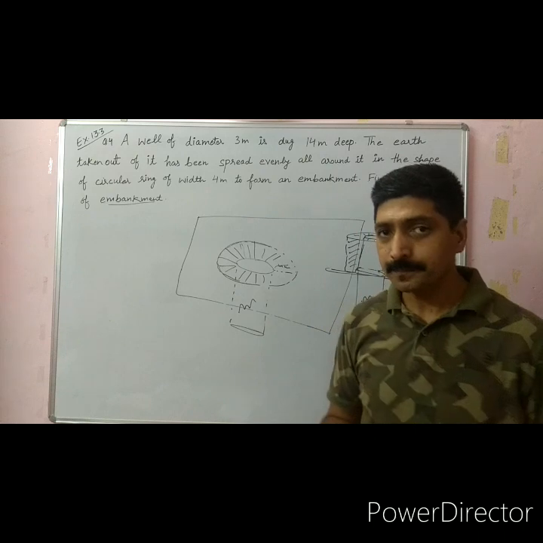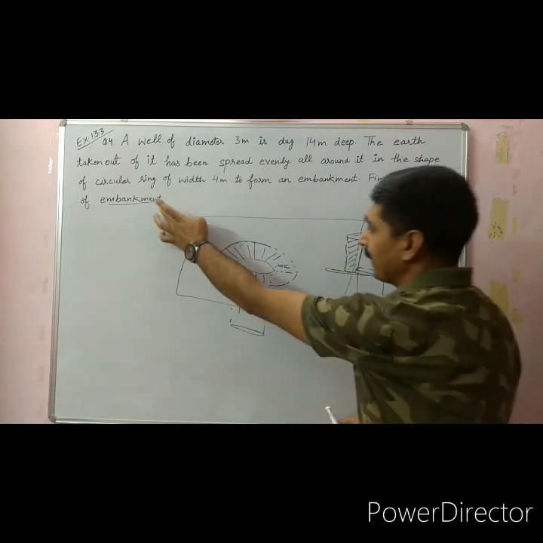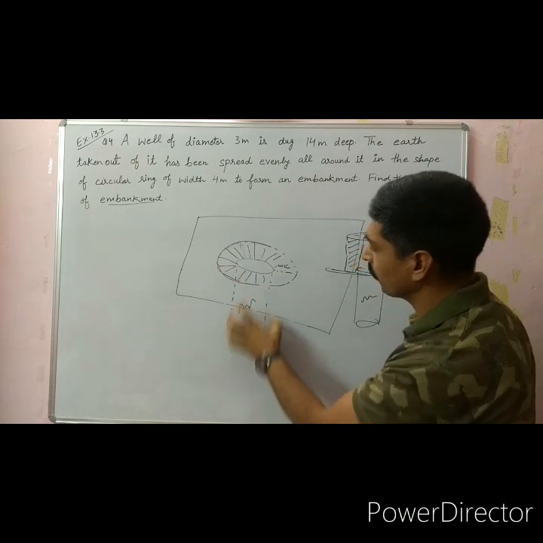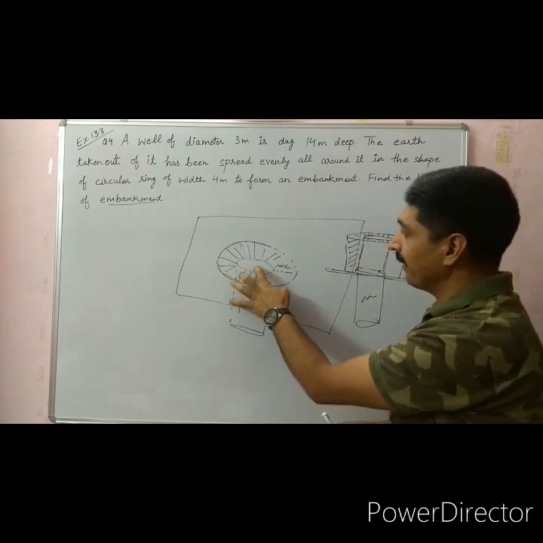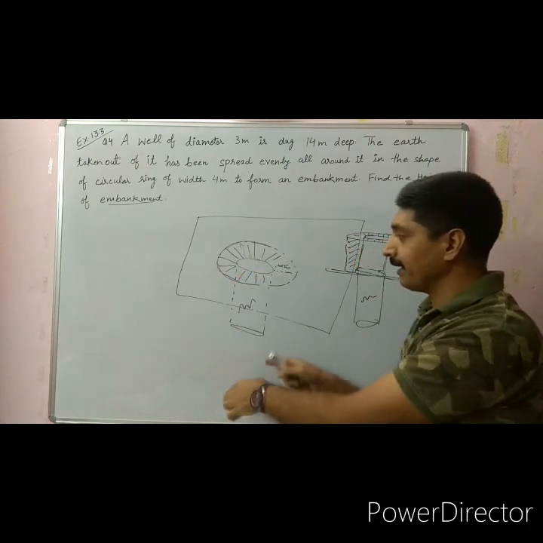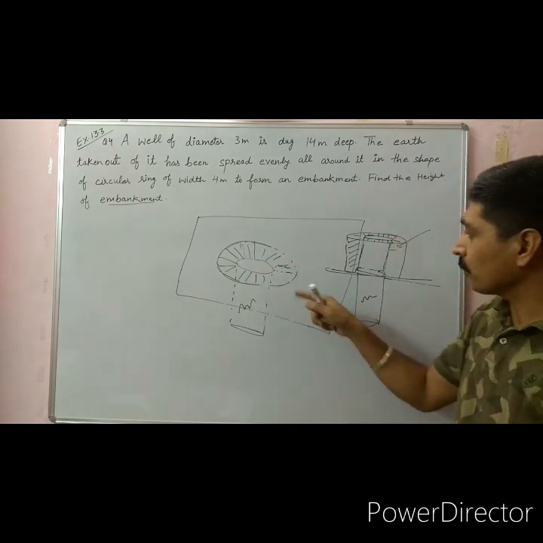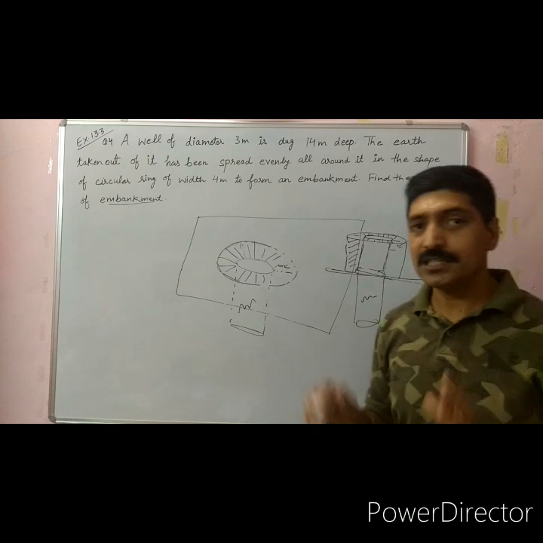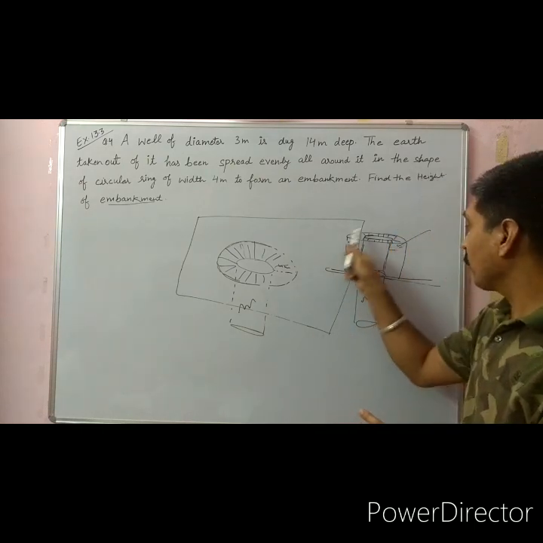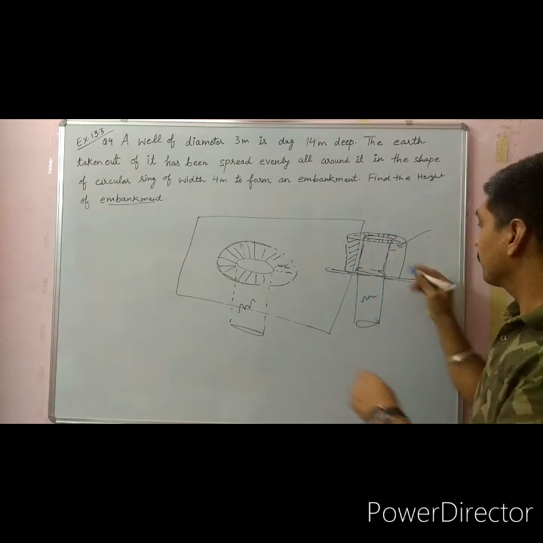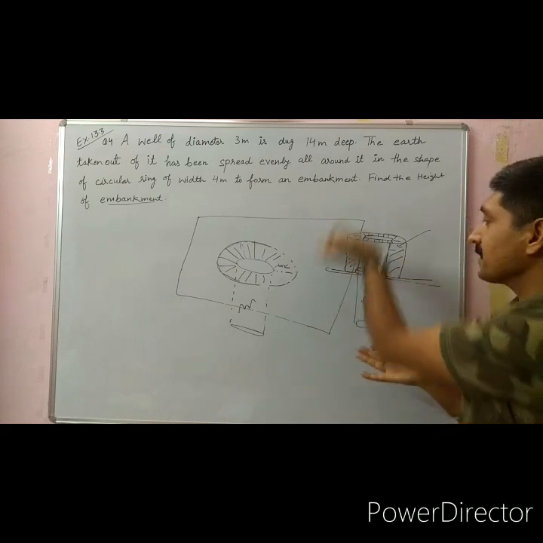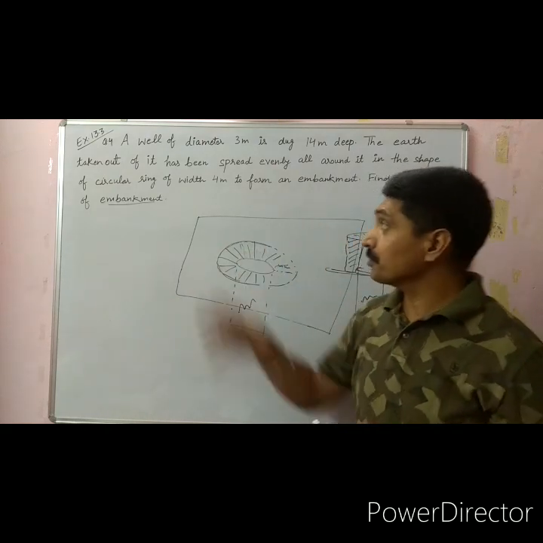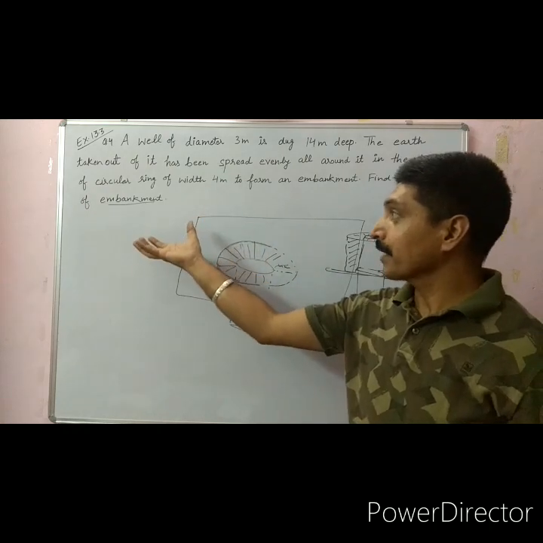So I hope, dear students, you understand what an embankment is. When we dig the well, the earth taken out is spread in a circular shape. This solid shape formed above the surface is called the embankment.